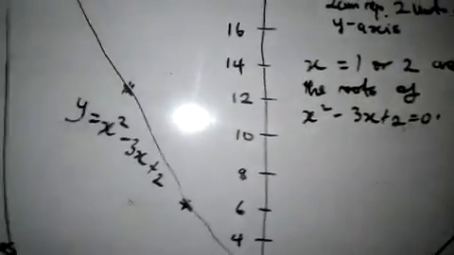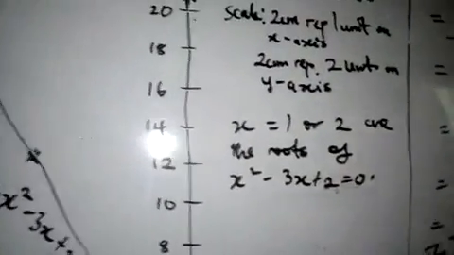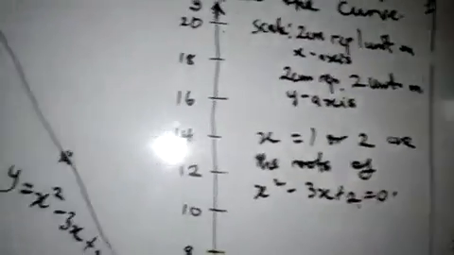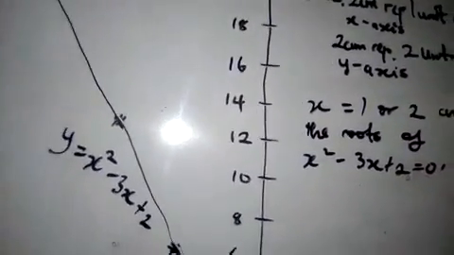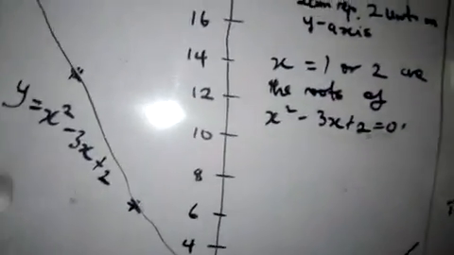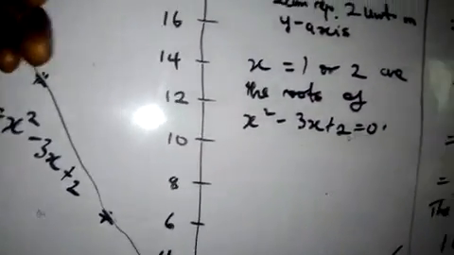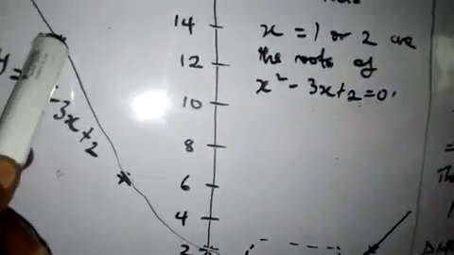We have minus 3 on the x-axis, and under minus 3 we have 20 on the y-axis. We have this point, we mark it out. Then the next one is minus 2 and 12. We mark it out.